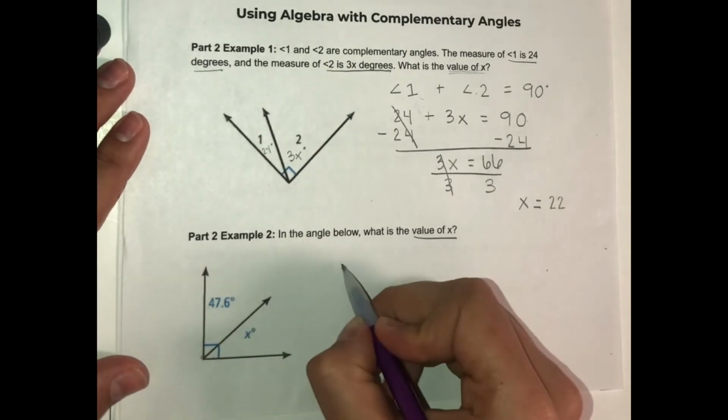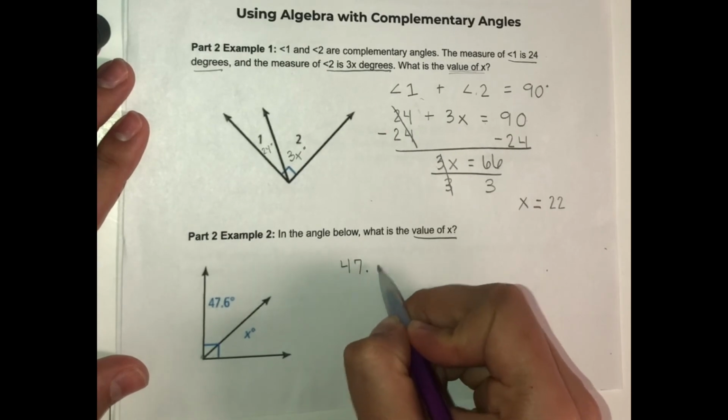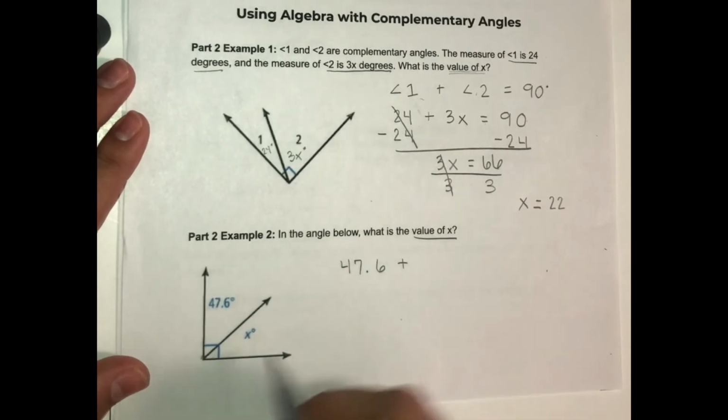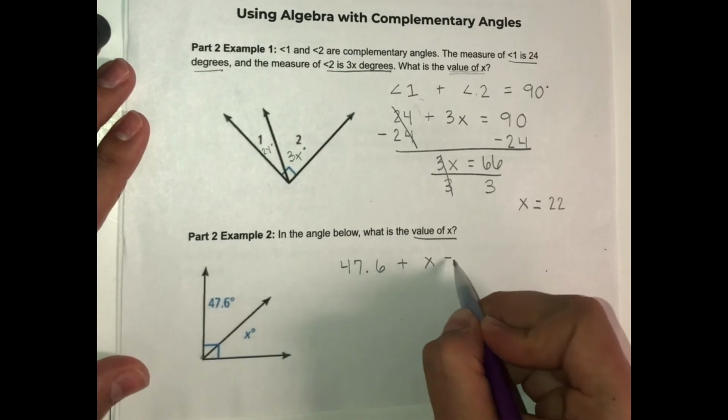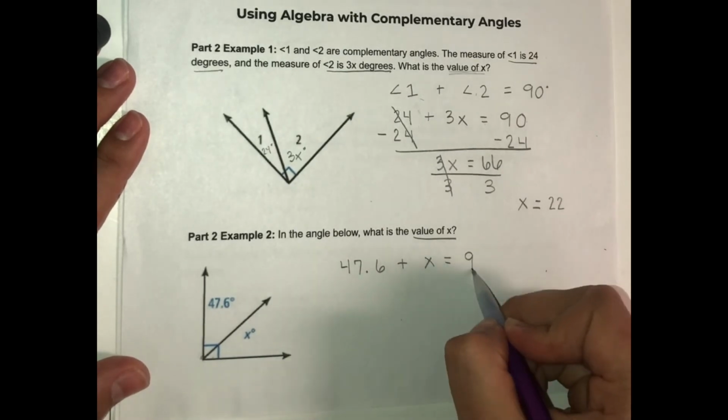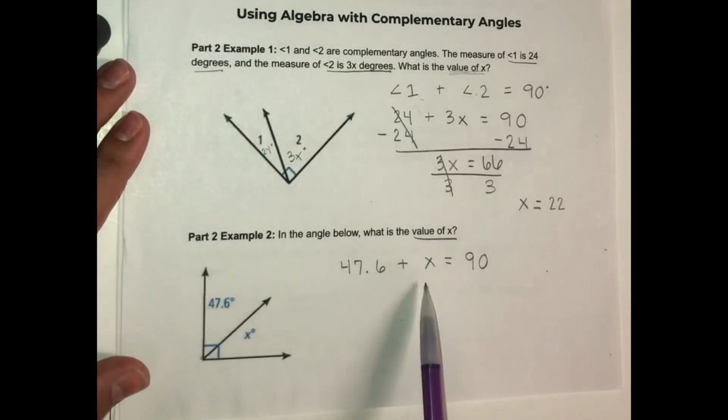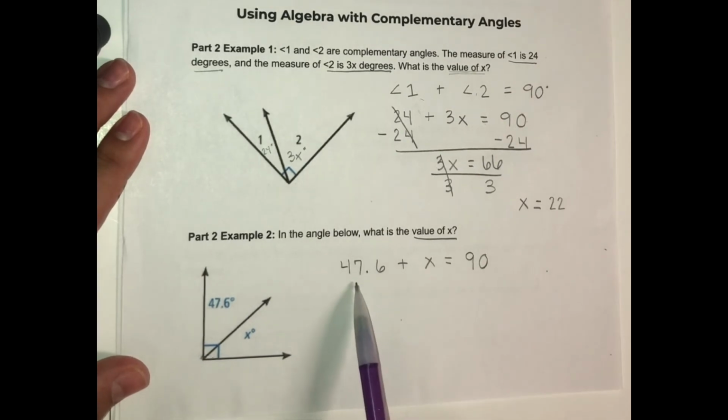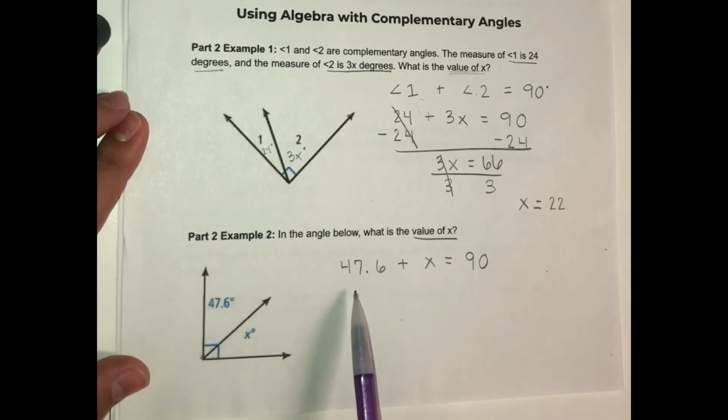So I know 47.6 plus x equals 90 degrees. So now I'm going to solve for x. I'm going to move my constants first. Yes, this is a decimal. You guys are more than capable of solving an equation with a decimal.